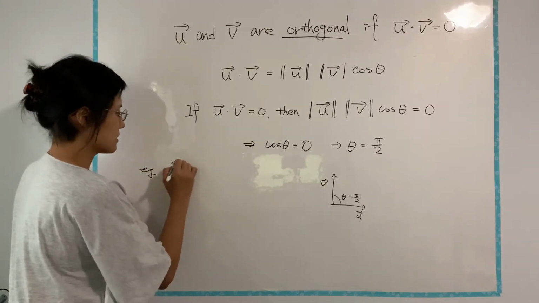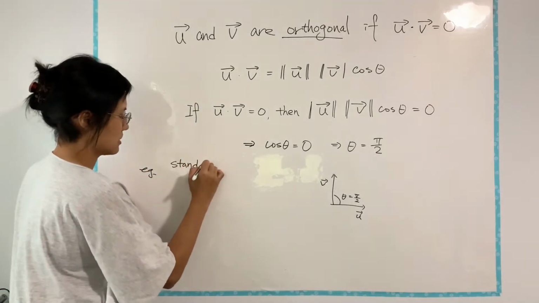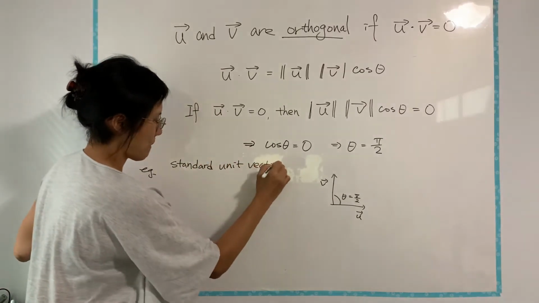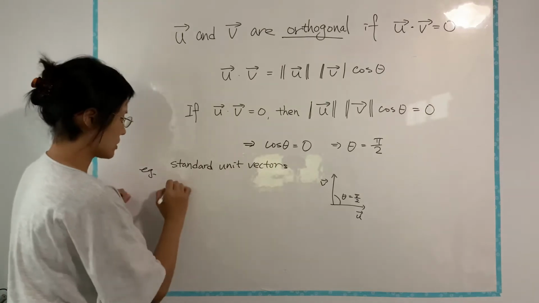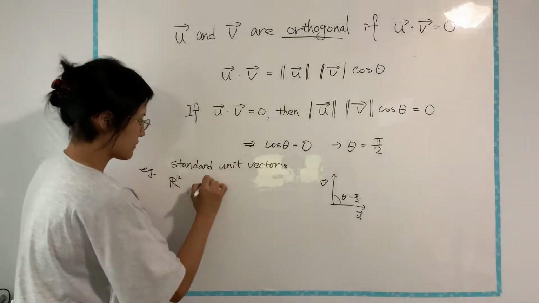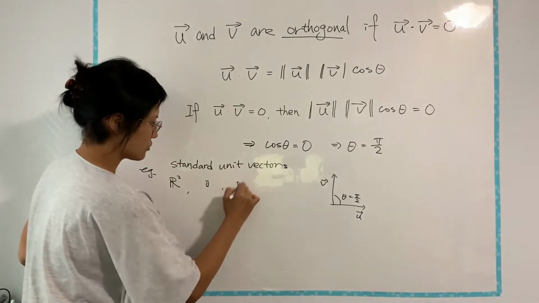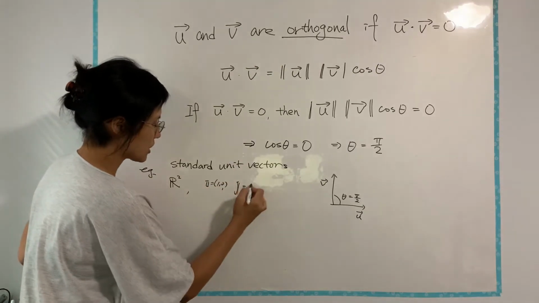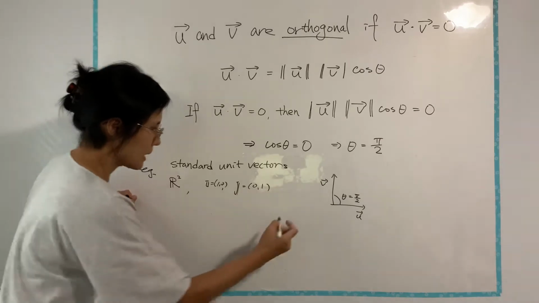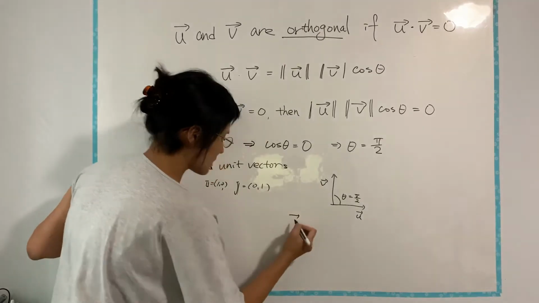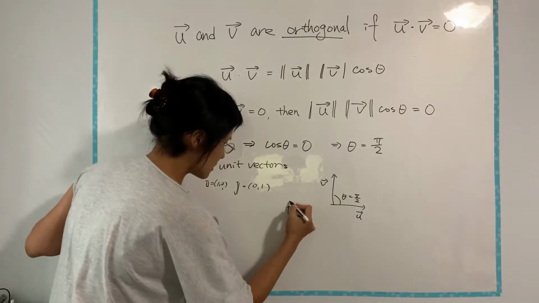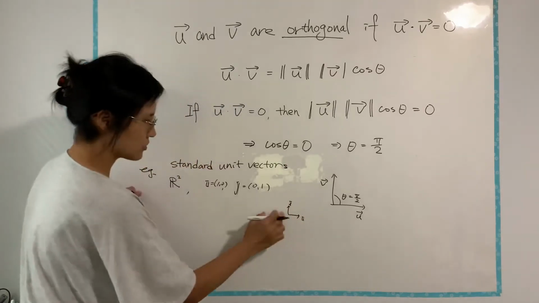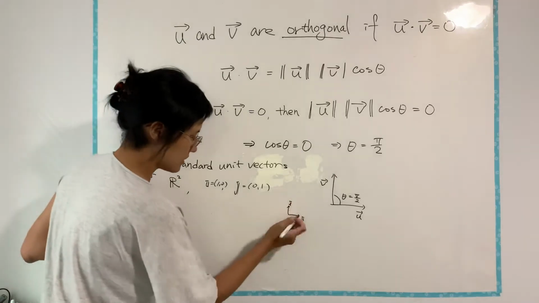So think about the standard unit vectors. In R2, what do you have? You have vector i, you have vector j. And what would that be? i is (1, 0), j is (0, 1). And you know that j is a vector along the y-axis direction, i is a unit vector along the x direction.